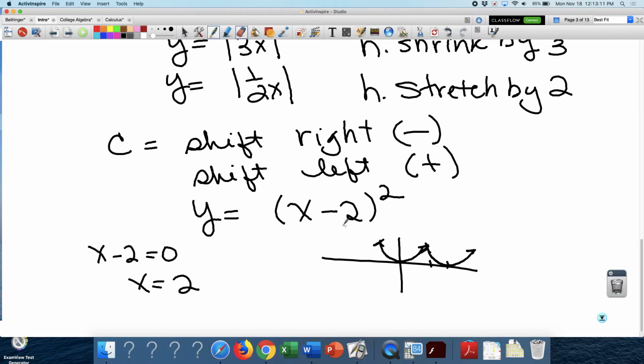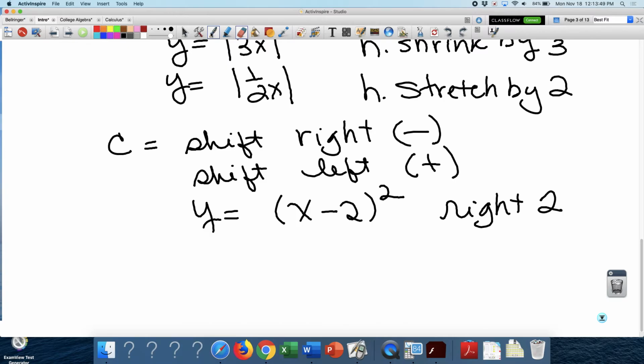That's why it's opposite. Just remember those 2 center letters do the opposite of what you think, but that's why. All you have to tell me is right 2.